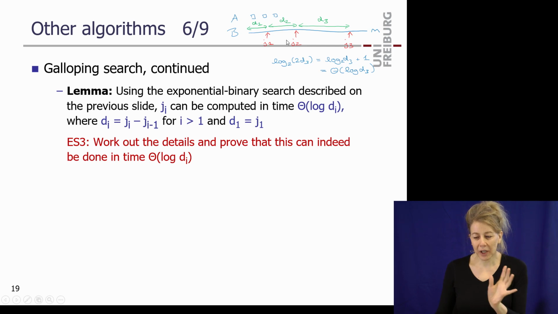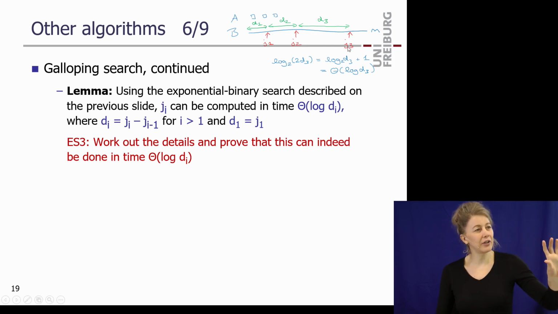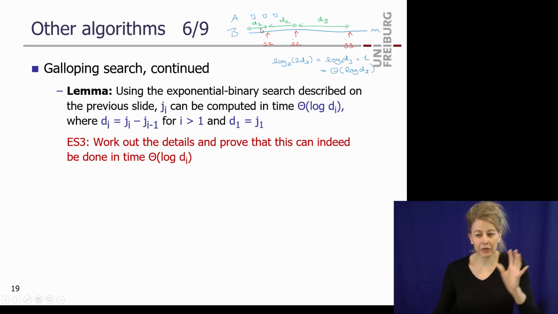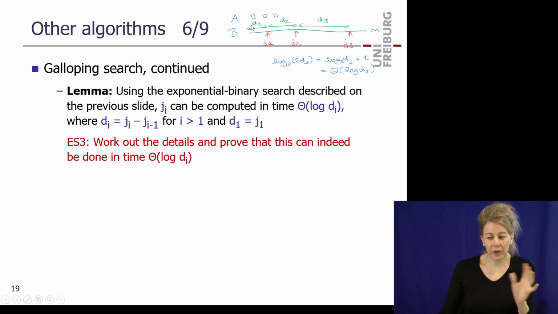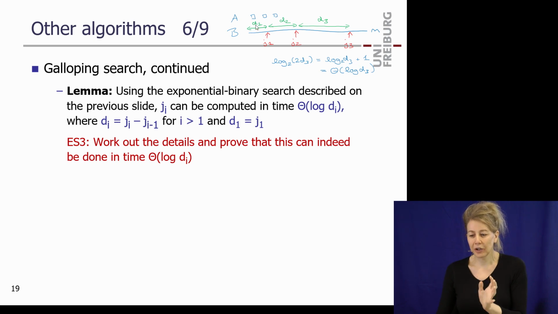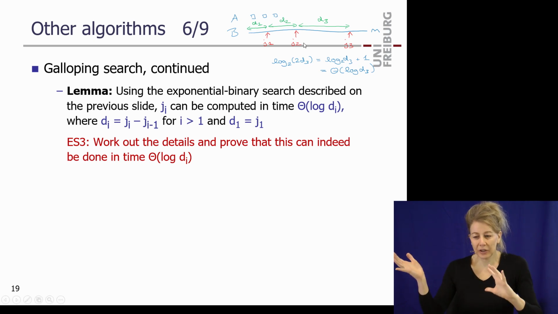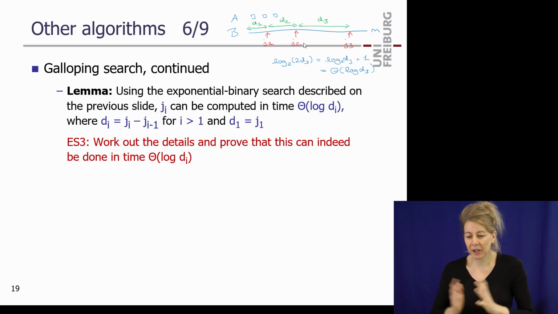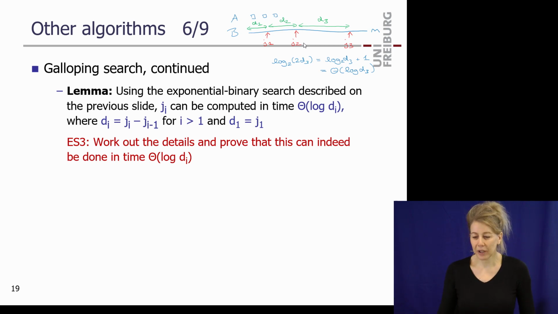So the J1, J2, J3 in my pictures are what you actually want in the end, but you don't know it yet. For a fixed input, D1 may be 17, which means the first element is located at the 17th position of B. J2 might be 85, and J3 might be 215. And then these Ds are just the differences between them.